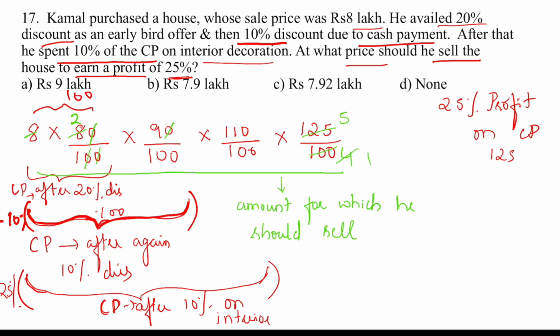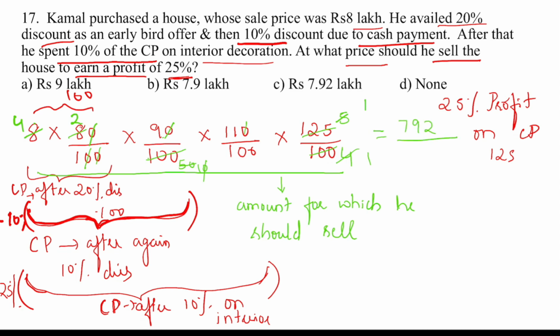Then 2 4s are and 2 50s are, 5 1s are, 5 10s are, 0 0 cancels. So what will remain? 4 2s are 8, 8 9s are 72, into 11 is 792.